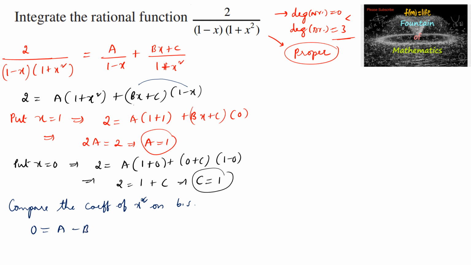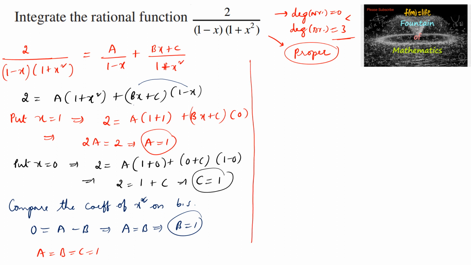That's all, only two terms are there, a x square and minus bx square. So a minus b is equal to 0. We know a is equal to 1, and a is equal to b, so b is equal to 1. So we got the constants, a is equal to b is equal to c is equal to 1.